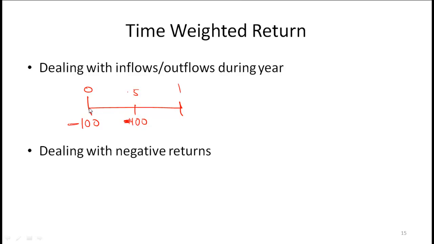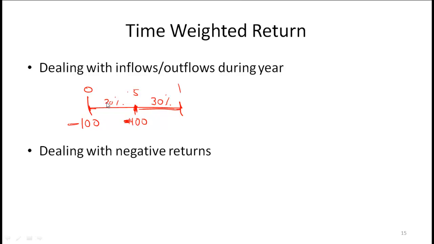Now the way you figure out the return for the year, you look at the return from this period to this period. Let's say that based on the investment made, the return over here was 20%. And let's say that the return in the second part of the year on money that you had over here was 30%.